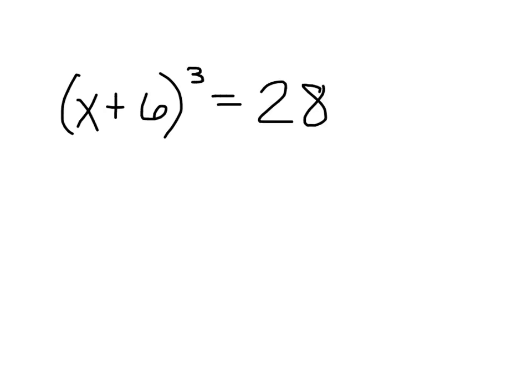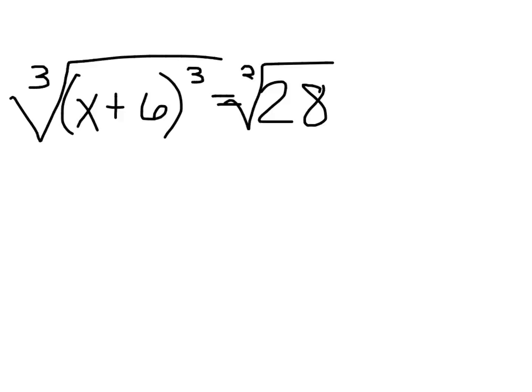All right, so for this particular one, is there any adding and subtracting outside of the grouping symbol? No. Is there any multiplying or dividing outside the grouping symbol? No. Is there exponents? Yes. How do I get rid of something cubed? Cube root it.